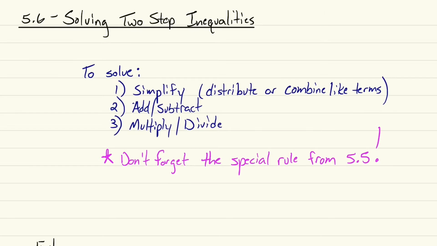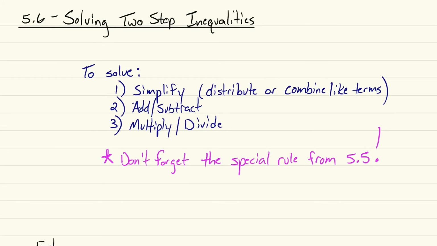We'll use our opposite operations and addition and subtraction to cancel out some numbers. Then, at the very end, we will multiply or divide. So, it's simplify, add, subtract, then multiply or divide. And remember, if we ever multiply or divide by a negative number, there's a special rule that goes along with that. And to see that, check out 5.5.